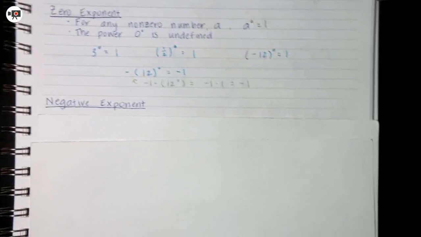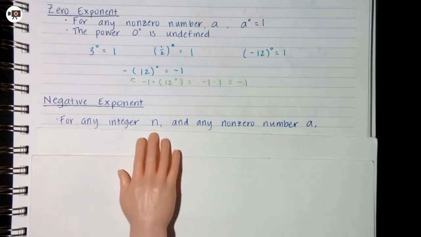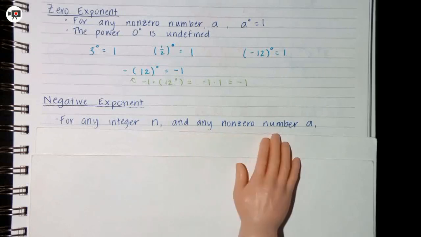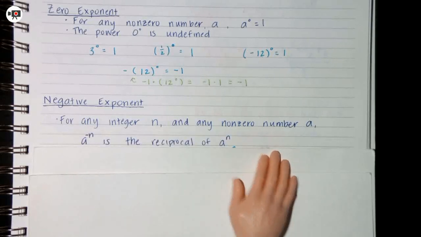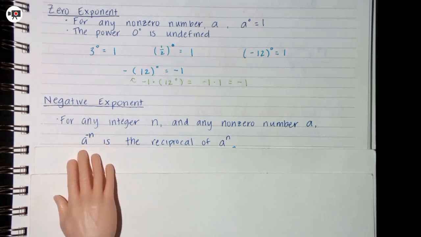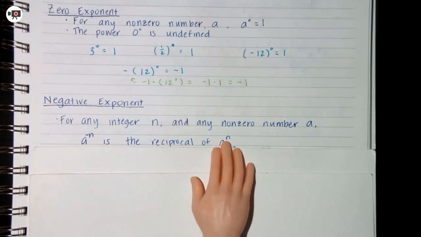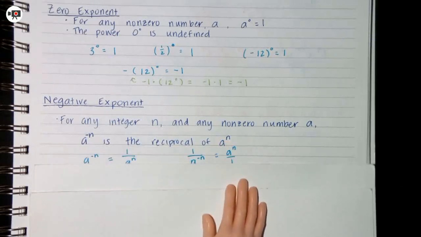Now if I have a negative exponent for any integer n, and any non-zero number a, if I have the negative exponent on the number, it is the reciprocal, so that means you flip the fraction of a to the positive exponent.